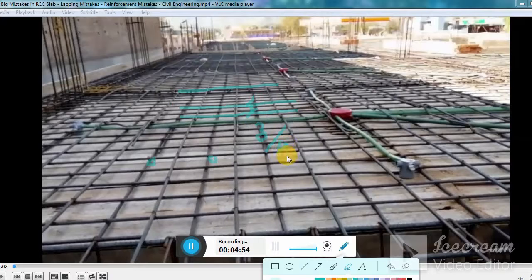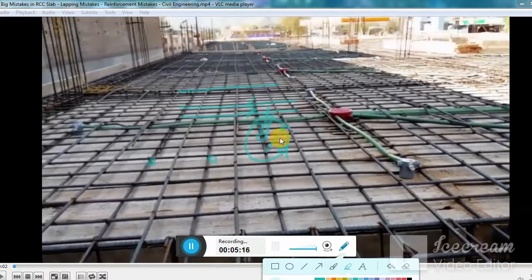Clear? Now we must ensure such clear spacing, and here you see that they don't provide those chairs or stones to maintain this flat surface. That is also one kind of mistake which I see in this video or in this flat system.